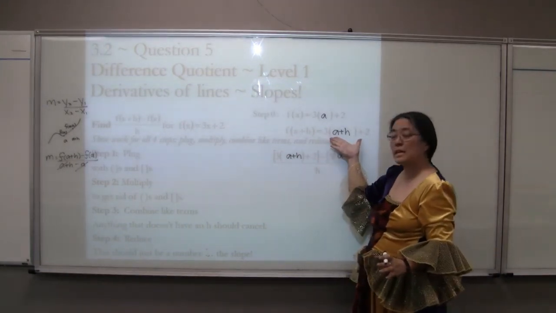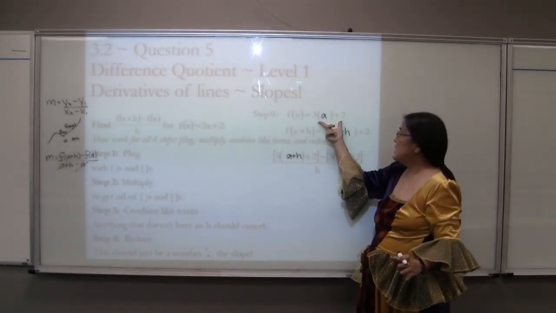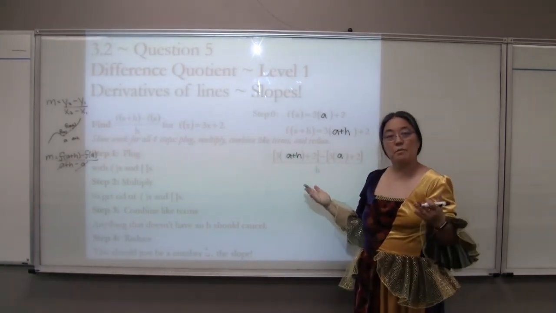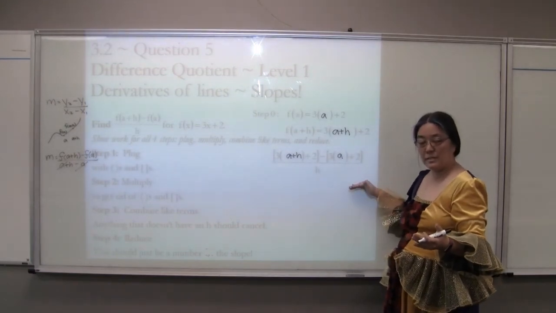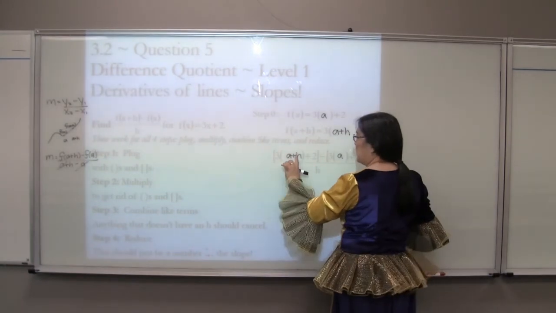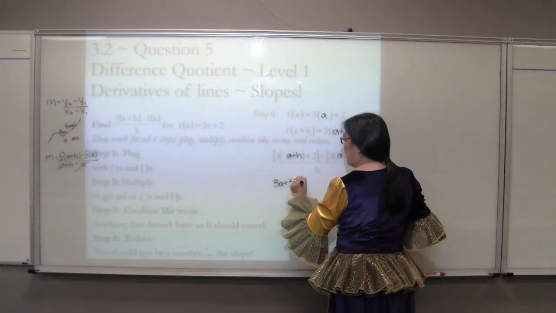Now notice, this had parentheses, so when I plugged it in, I put brackets around it. This has parentheses, so when I plugged it in, I put brackets around it. Remember from previous chapters? With parentheses and brackets, without parentheses and brackets, then you can add and subtract. So here we're going to use the distributive property. We get 3a plus 3h plus 2.